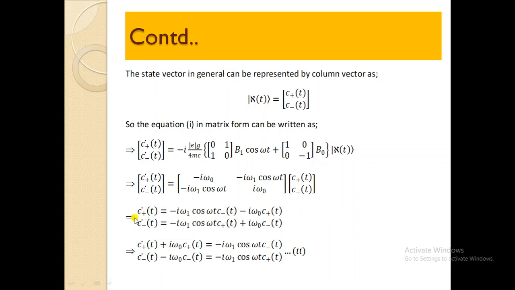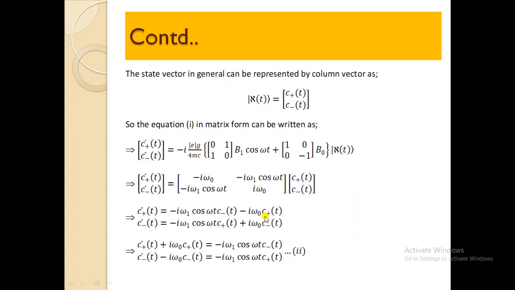Likewise here, on comparing the corresponding elements, again multiplying by this, minus I omega naught c plus t, and minus into plus, minus I omega 1 cos omega t c minus t. Here also similarly we have multiplied, and then compared the corresponding elements. So on doing this we will get this.